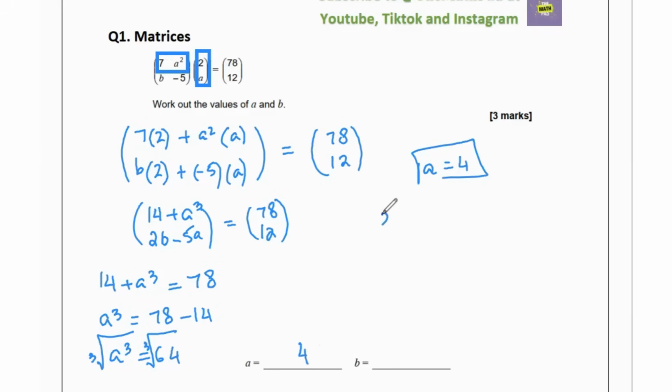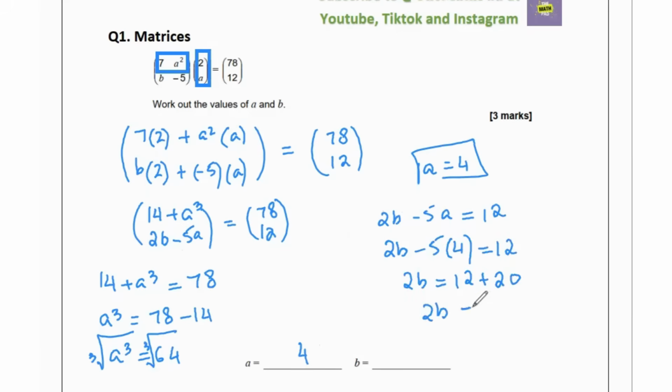Then for b, 2b minus 5a equals 12. a is 4, so 5 times 4 is 20. 2b equals 12 plus 20. That's 32. b equals 16. That's the value of a and b.